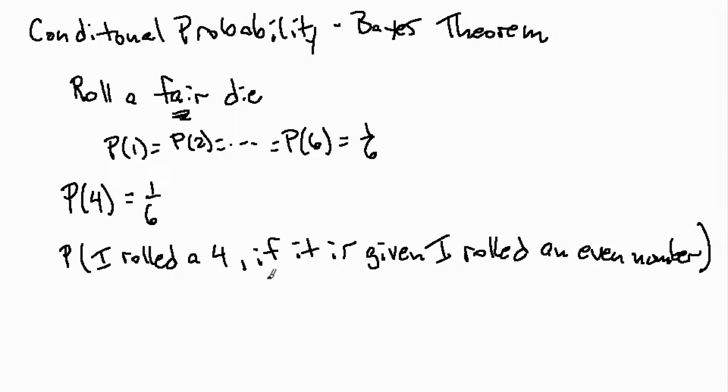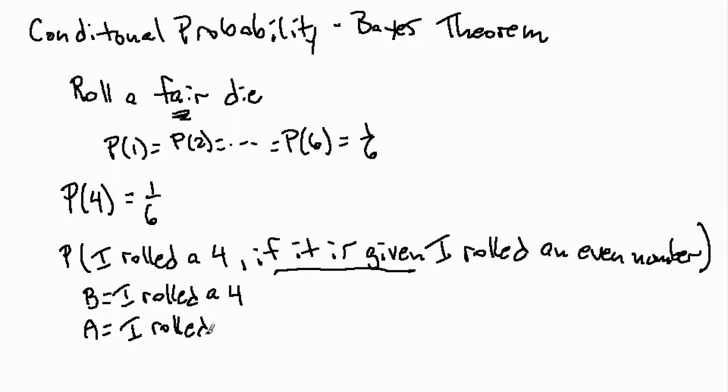Okay, so the key point here is, if it is given, and that's what's called a conditional probability. In other words, let B be the event I rolled a 4, and let A be the event I rolled an even number.